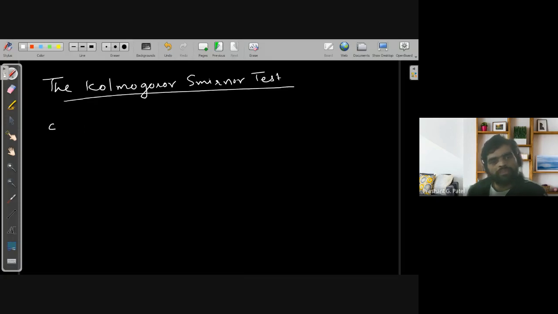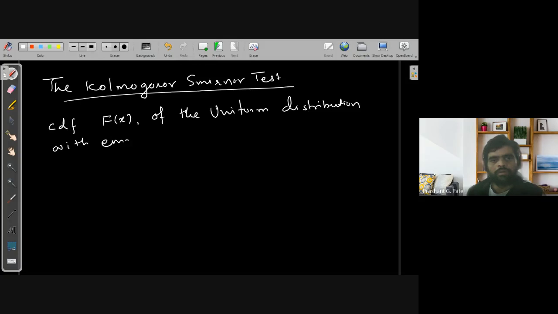I am considering the CDF, the continuous distribution function, F of x of the uniform distribution, with empirical CDF SN of x, where n is the number of observations or samples.